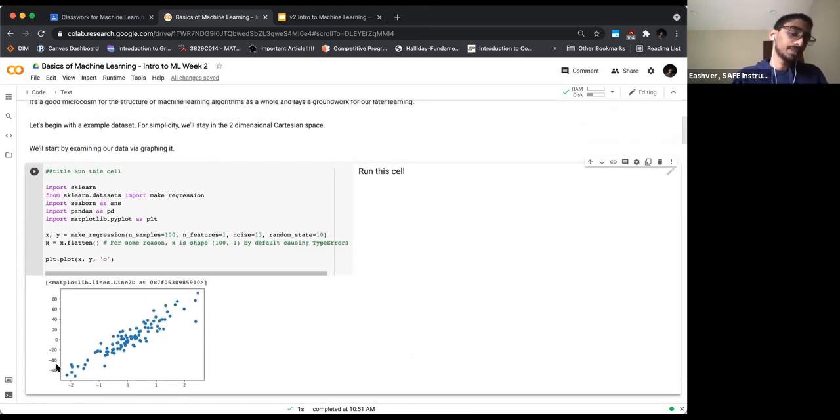And so I guess I'll ask you this. Could we create a relationship between the X values and the Y values on this graph, on these set of points? And what might it look like?